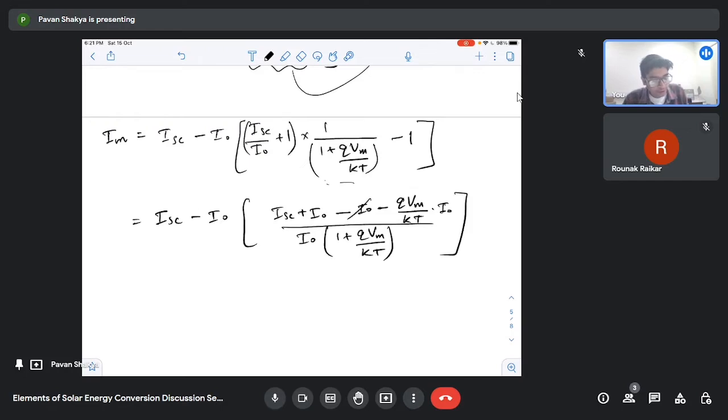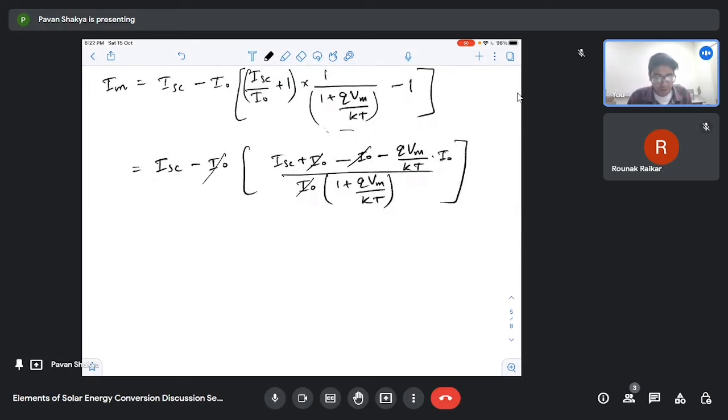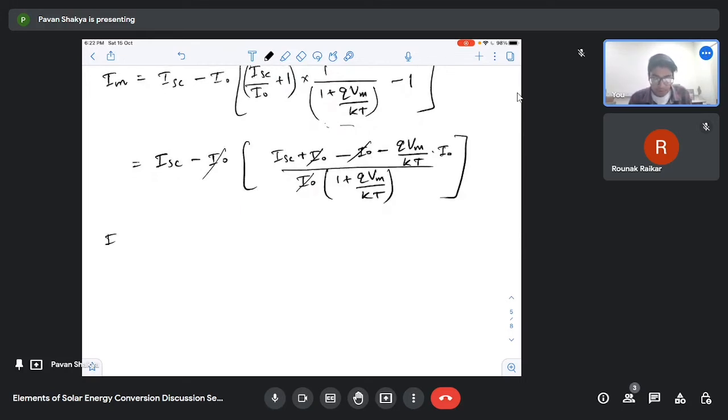Okay, so here I naught will cancel out, and this I naught will also cancel out. So this Im value will be equal to ISC, and this negative sign with ISC minus QVm by KT multiplied by I naught, divided by 1 plus QVm by KT.